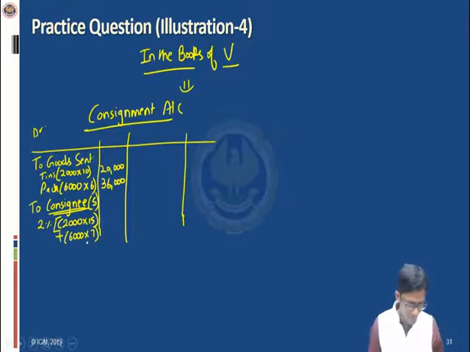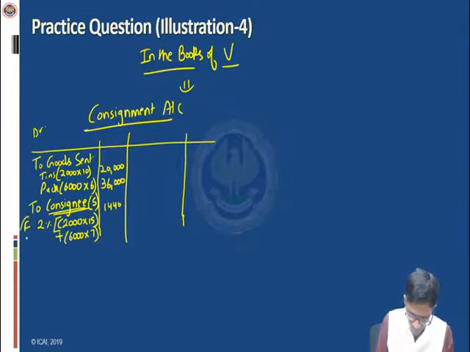Let me calculate. 2000 multiplied by 15, next 6000 multiplied by 7, which gives us ₹72,000, and 2% of 72,000 is 1440. So this is about freight. I'm writing it in short as freight.